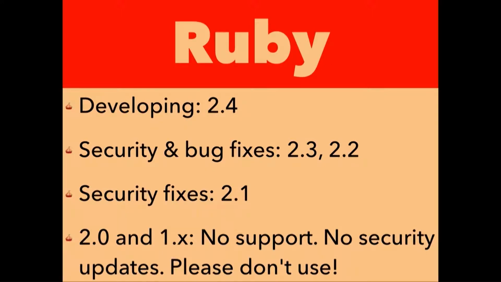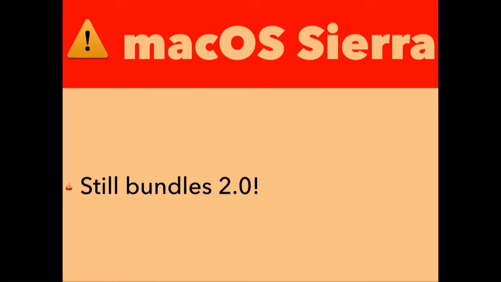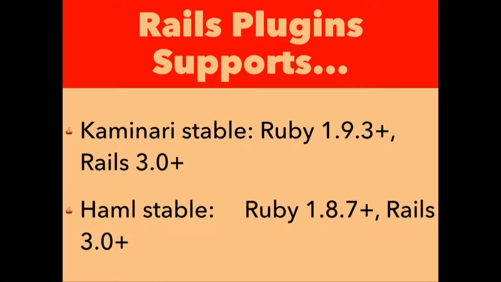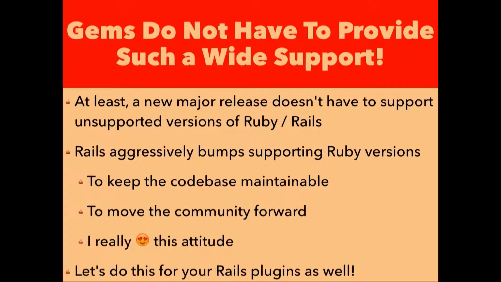We make only security fixes on 2.1, and versions earlier than these are not supported, so please don't use them. Right? This is the Rails versions. We're not supporting 4.0 or 3. Okay, I'm going to skip this.